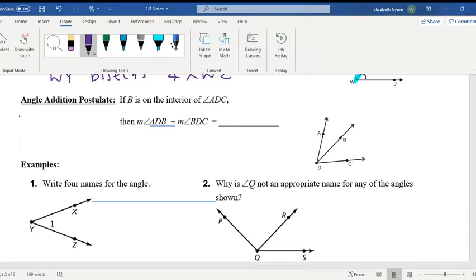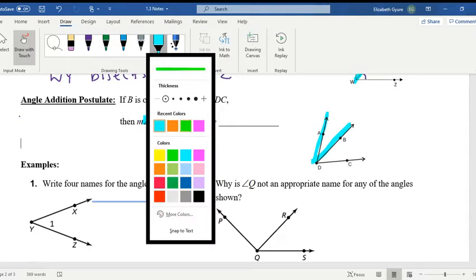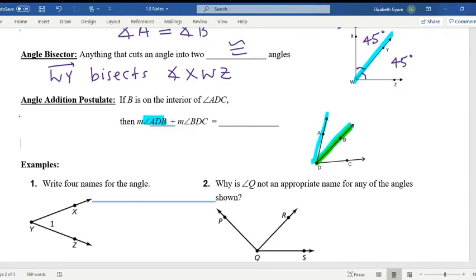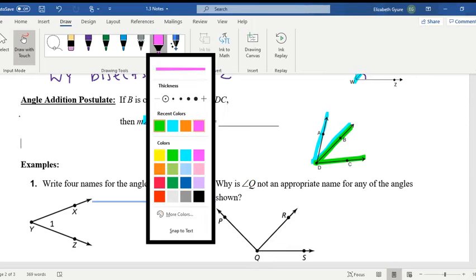So again, here we have the measure of angle ADB. So that's this angle here, plus the measure of angle BDC, right? That's that angle there, is going to give you the entire angle measure, right?